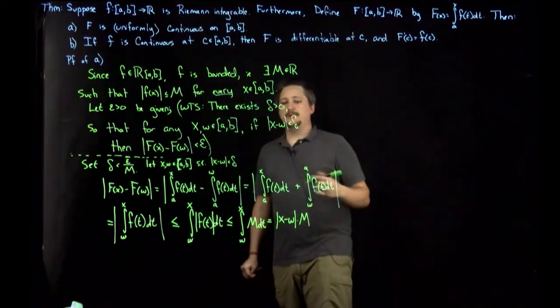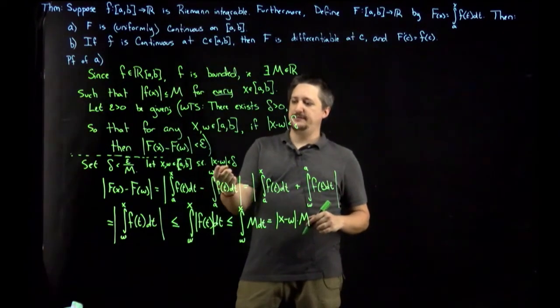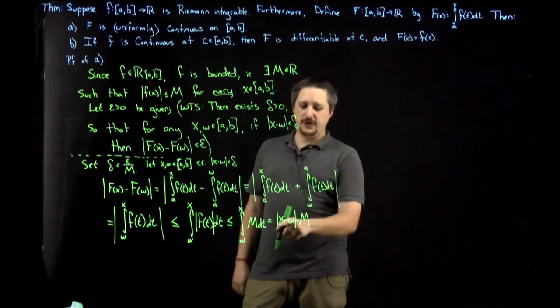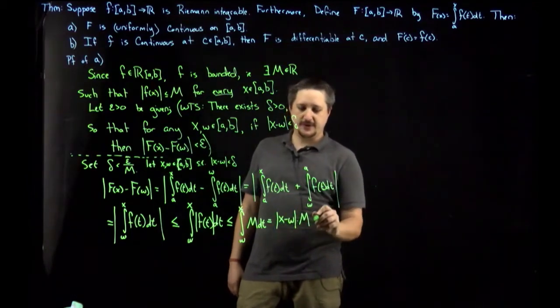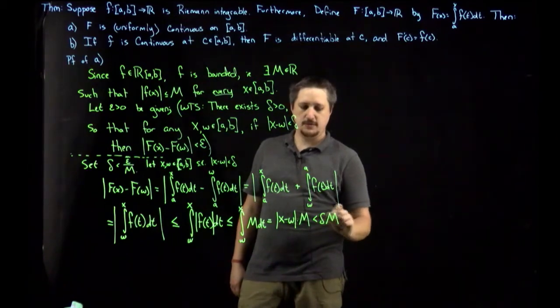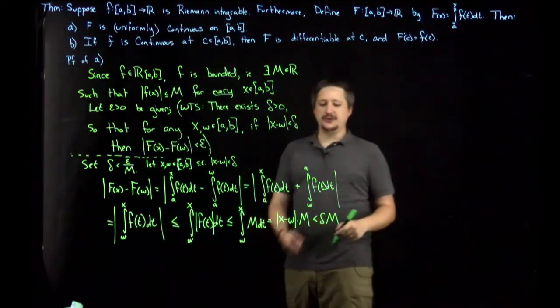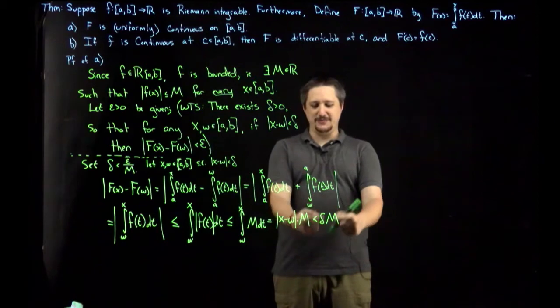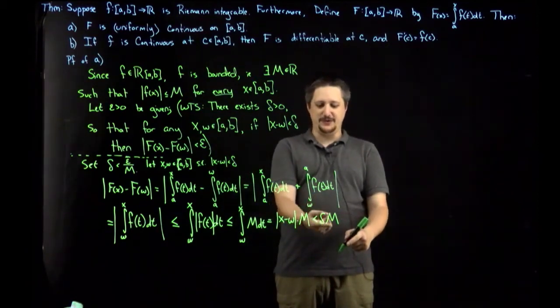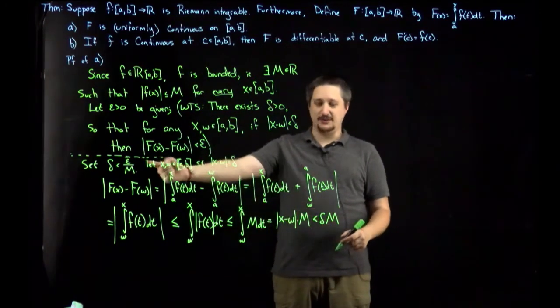Point being that delta is bigger than the absolute value of x minus w. So I could replace this with the bigger thing, right? This is less than delta times M. And this is where you look at that and go, wow, I need delta. I need this whole thing to be epsilon, so I need delta to be epsilon over M to cancel the M, which is exactly what we did.